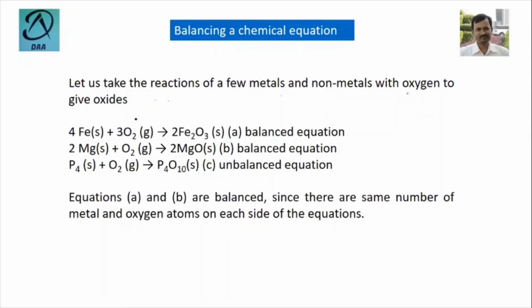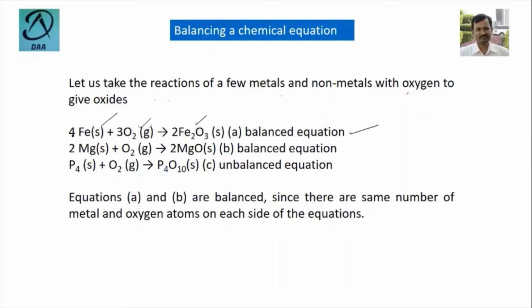So we'll see one example here: 4Fe in solid form, small s written in brackets, is the solid form, and 3O2 in gaseous form, and then the product will be 2Fe2O3, and it is a balanced equation.